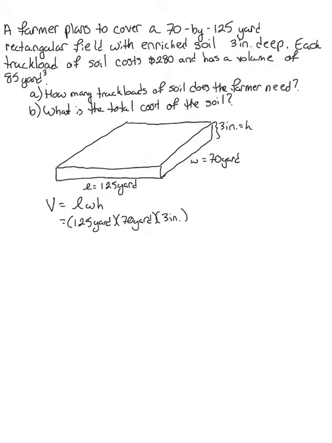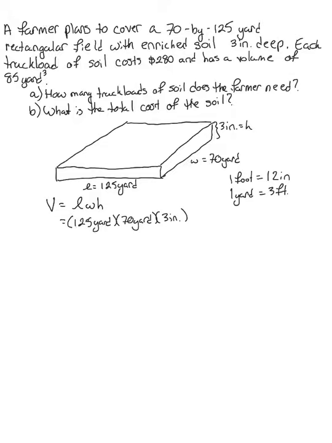Now, in order to do that, you need to know 2 things. You need to know that 1 foot equals 12 inches, and you need to know that 1 yard is equal to 3 feet. So now I have to convert the inches to yards.